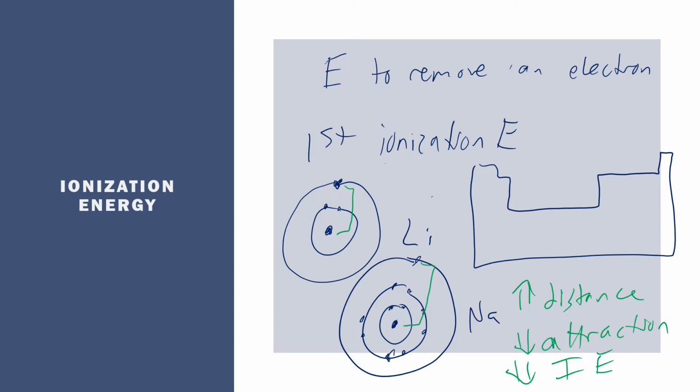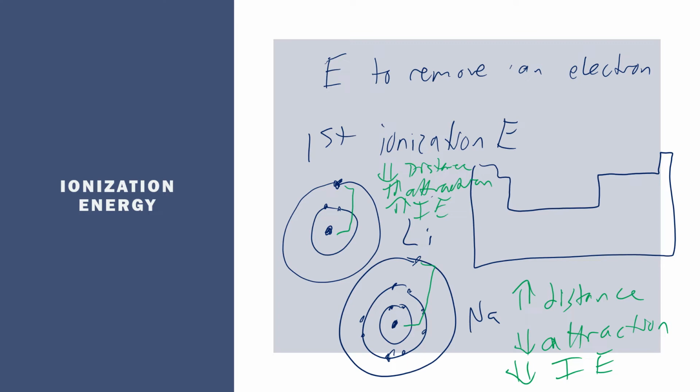Lithium, on the other hand, has a smaller distance, so you'll have a stronger attraction, and therefore a larger ionization energy. And again, that's for elements that are in the same group. You're going to be looking at the distance based on the number of energy levels.